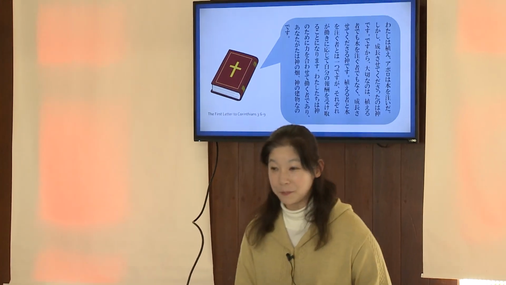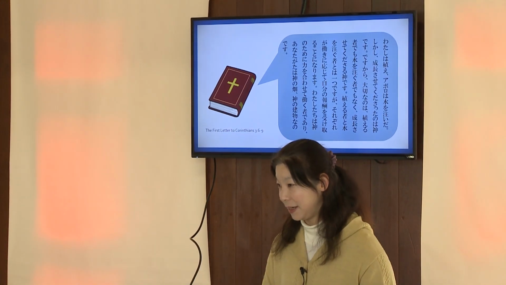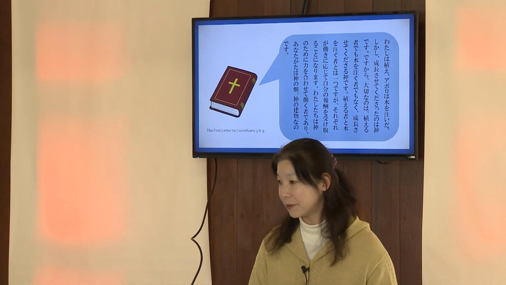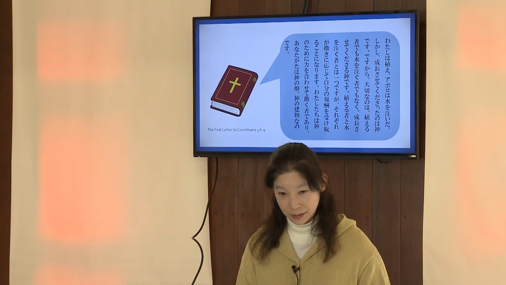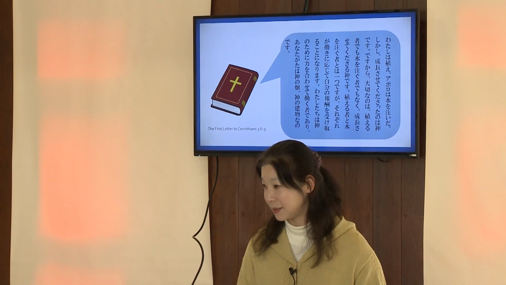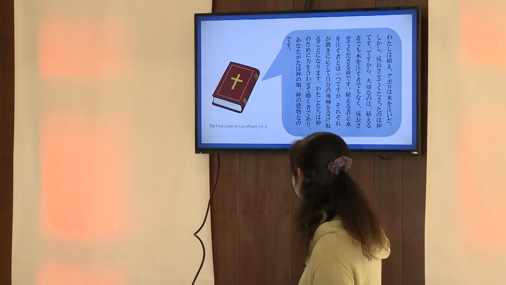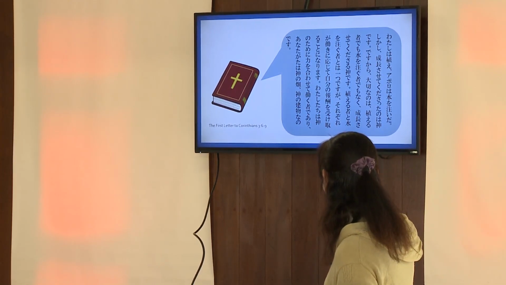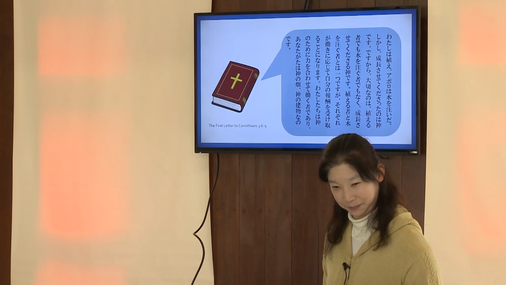Sometimes I read the Bible at Grace in Japanese. Last February, the second Sunday, second service, second reading, that was the first letter to Corinthians. And the Japanese Bible looked like this.